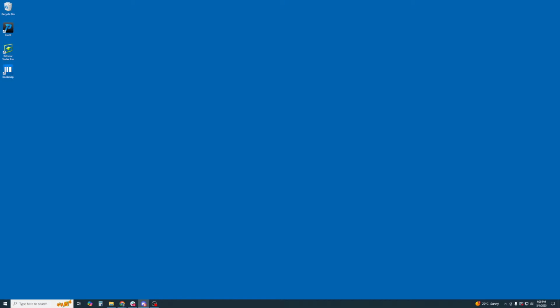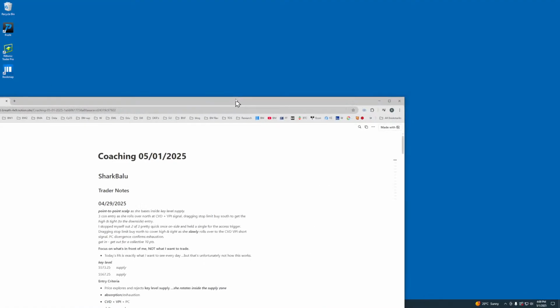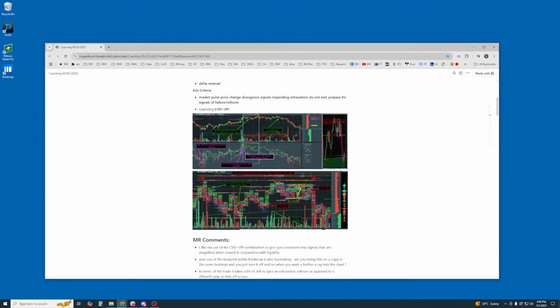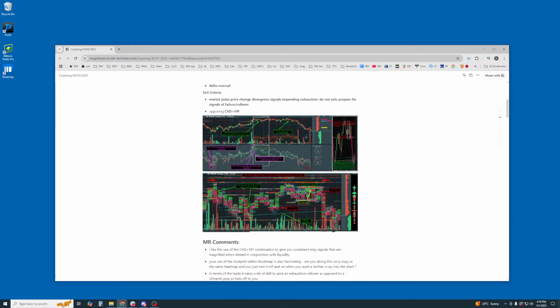Let's see here. And then we've got, I think this is David, or this might be Stan. No, it's not Stan, it must be David, right? We got SharkBalu, and we can go over that. No, this is Moby. So I think Shark is in here. Yes. All right, Shark, I'll invite you up to the stage.